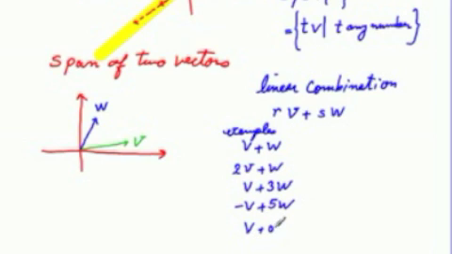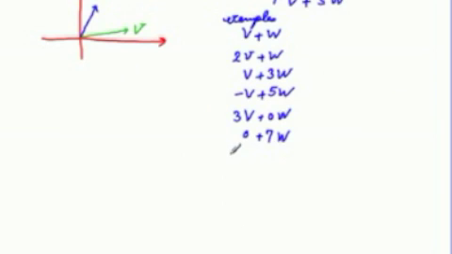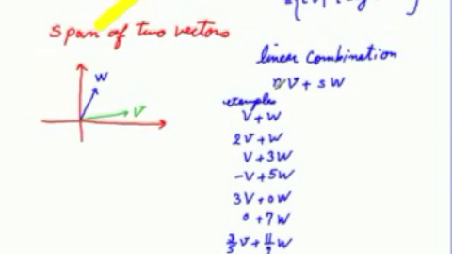So if you have no w, maybe you're picking 3 of these things and no w's. Or perhaps you are not picking any v's, but you're taking some w's. So anything goes. And in fact, these things don't have to be whole numbers either. So you can have 3/5 of v plus 11/9 of w, or whatever. So r and s that we are writing here are just numbers.